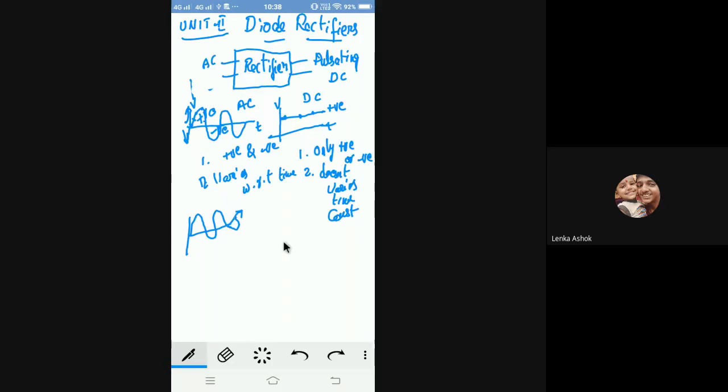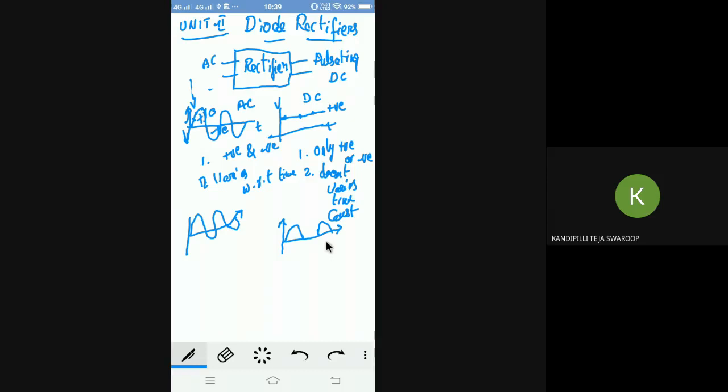And what is the output of a rectifier? Is it AC signal or DC signal? AC signal. How can you say it is AC signal? In this signal, do any negative values exist? No, sir. In this signal, there are no negative values.